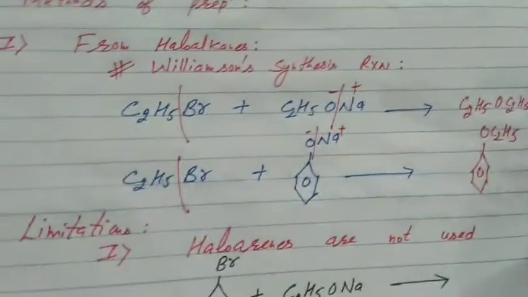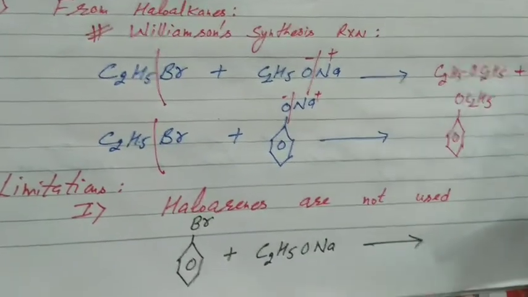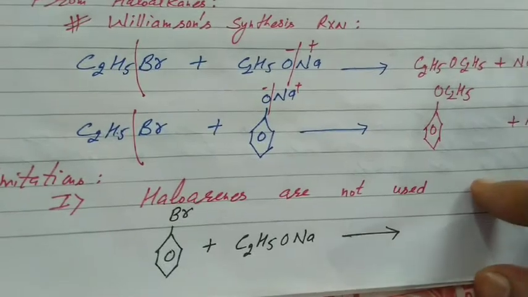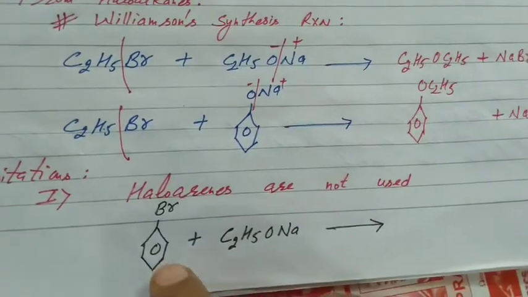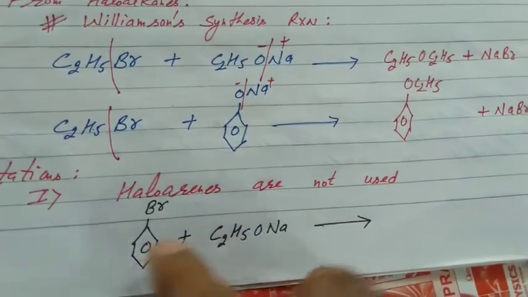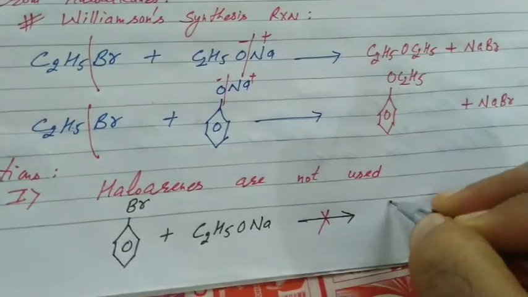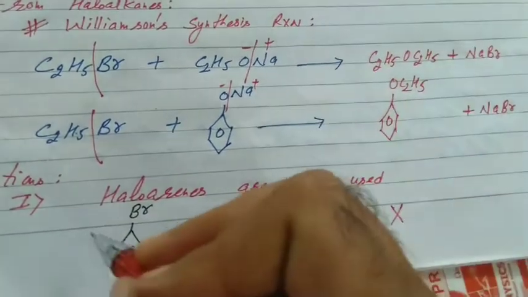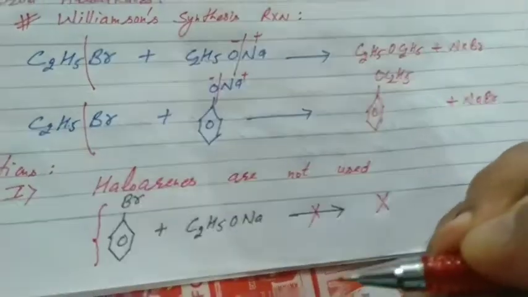Now students, there are some limitations of Williamson synthesis reaction. The first limitation is haloarenes are not used. It will not happen that we treat haloarene with sodium salt of alcohol. NaBr eliminates and we would get C6H5O, C2H5. Students, no reaction proceeds. Because haloarenes are less reactive than haloalkane towards nucleophilic substitution reaction.